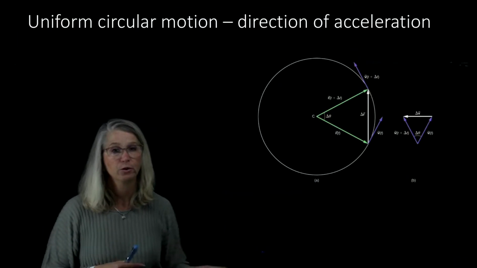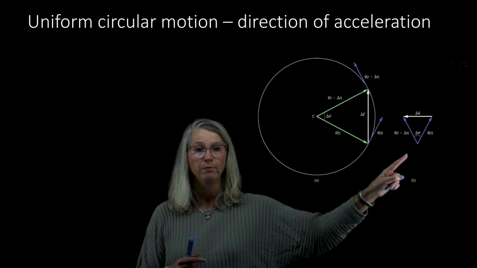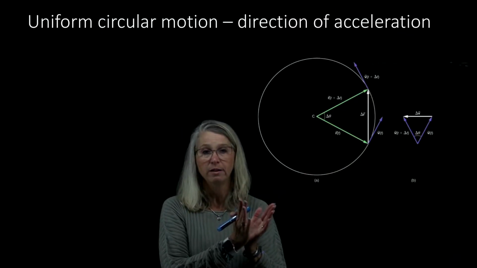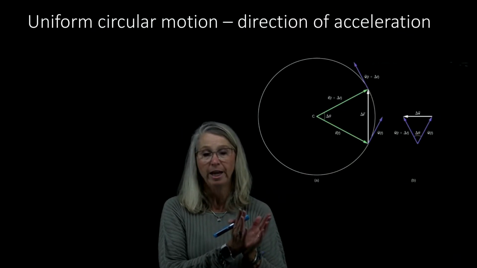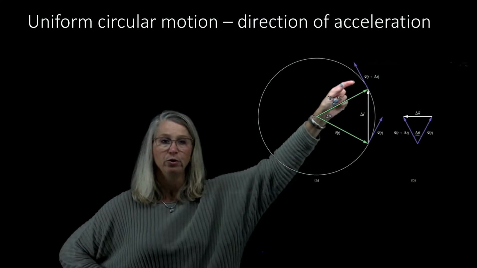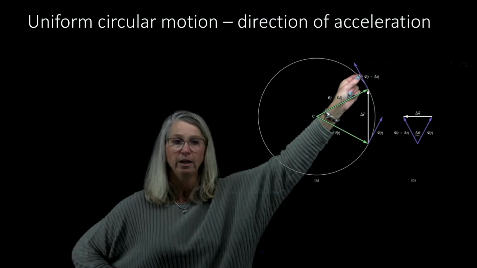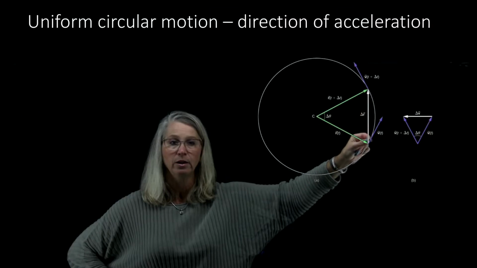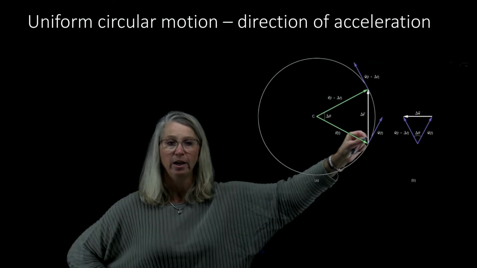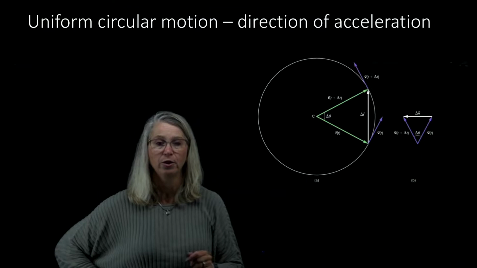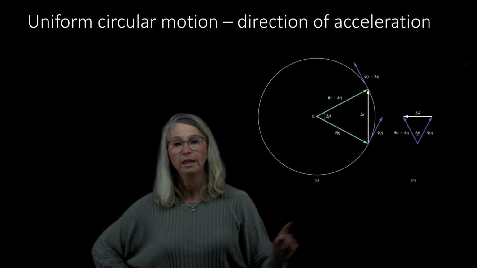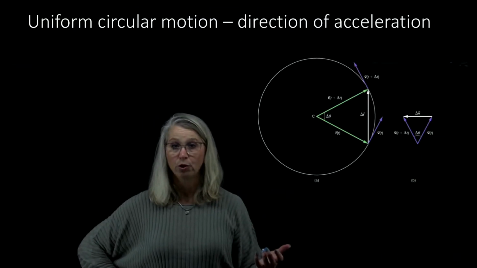Here we've drawn the two velocity vectors tail to tail. You can imagine taking this vector right here and pulling it down so that it's tail to tail with the original velocity vector. We end up making a similar triangle.